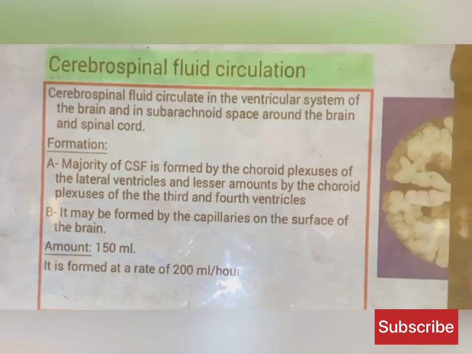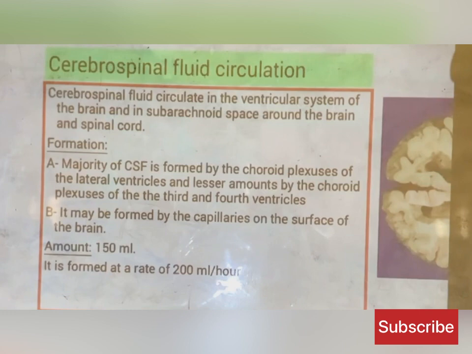Now the most important aspect of the ventricles is the formation of the cerebrospinal fluid. We have to know the CSF very well, because there are so many clinical conditions that you can ascertain by analyzing the cerebrospinal fluid. You can use the CSF for biochemical analysis and for chemical pathology analysis.